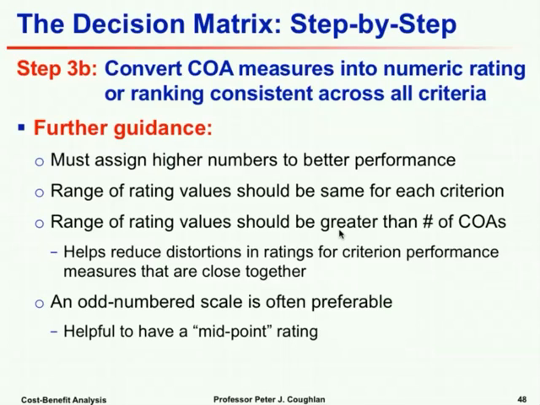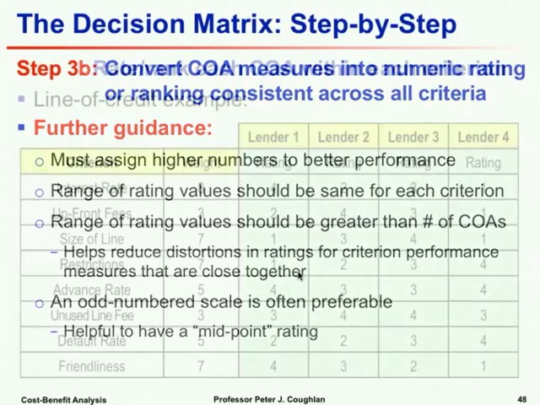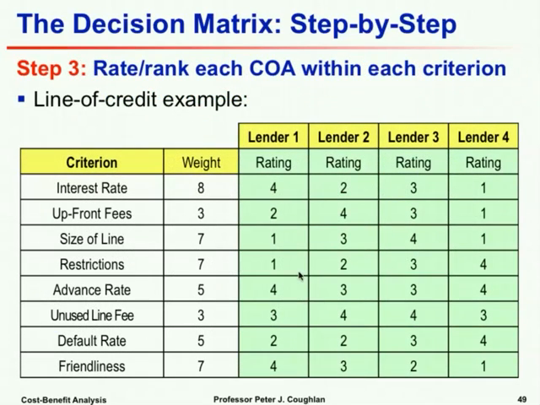If you have a 10-point scale, you could rank them from 1 to 5, but number 1 might get a rating of 10, number 2 a 9, but number 3 a 7 or 6. So it's important to have more possible rating values than courses of action. And again, an odd number scale is often preferable so you can have a midpoint rating, although I see people don't do it a lot.